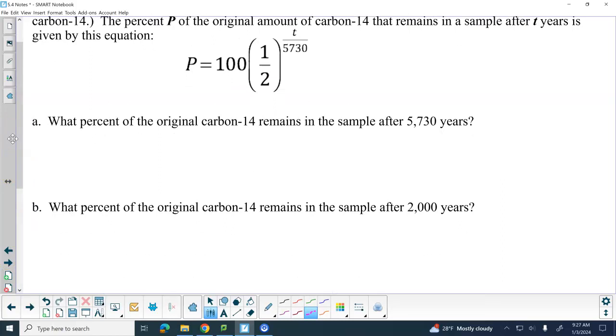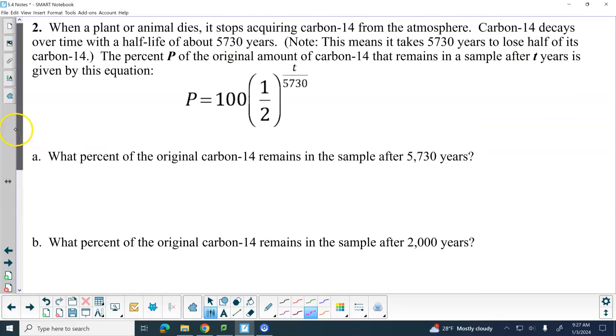What I want you to do is tell me what percent of the original carbon-14 remains after 5,730 years. What percent remains after 2,000 years? Find me those 2 values right now, please. So if you read the problem, you would know that this one is 50%.